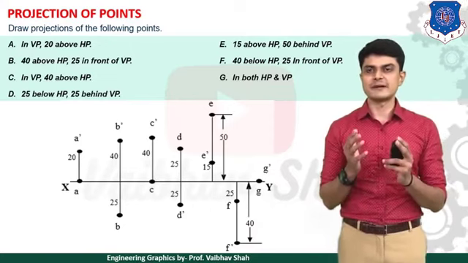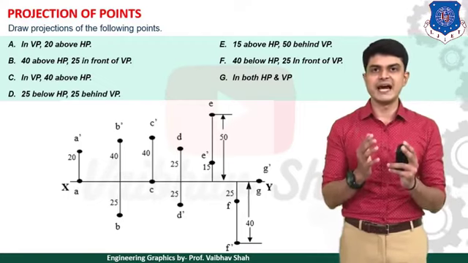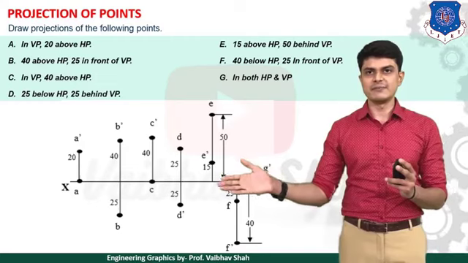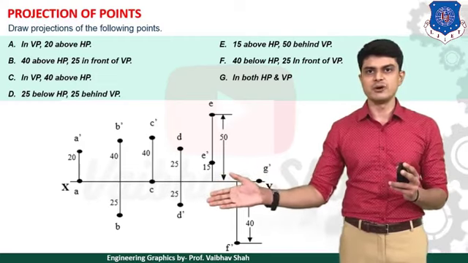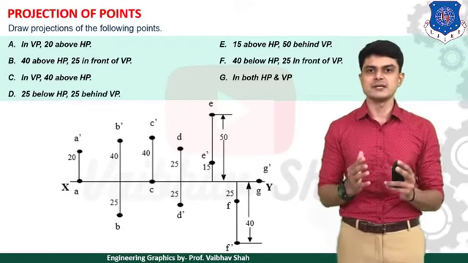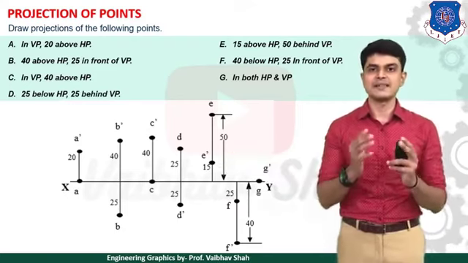Then let us move to example D: 25 mm below HP and 25 mm behind VP. 25 mm below HP means D dash would be 25 mm below the XY line, and 25 mm behind VP means above the XY line. So your point D would be 25 mm above the XY line.